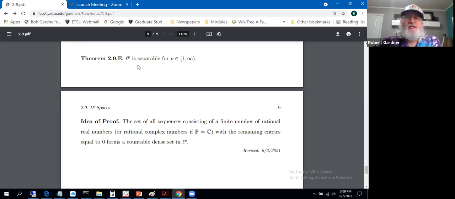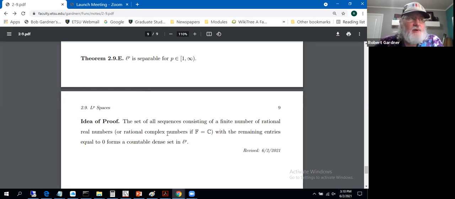Elements of the little LP spaces are sequences with some kind of boundedness. Sum the absolute values to the p power, you get something finite. I'll give you a countable subset of that. Let's take the set of all sequences consisting of a finite number of rational real numbers or rational complex numbers, if the field is the complex numbers.